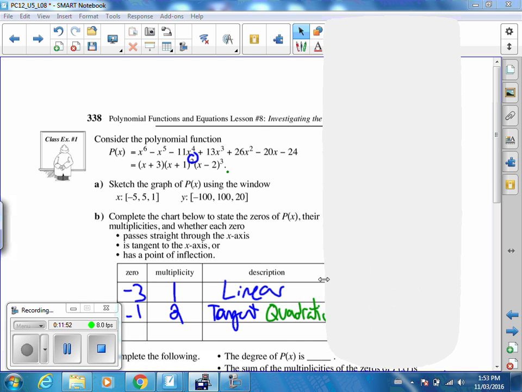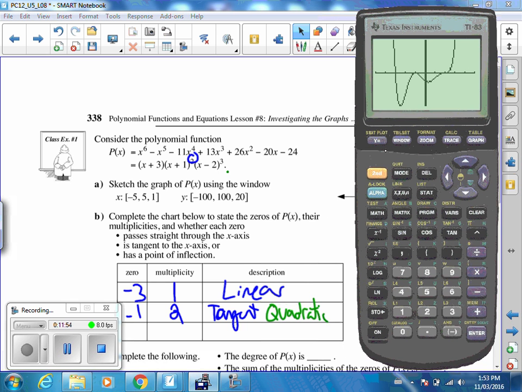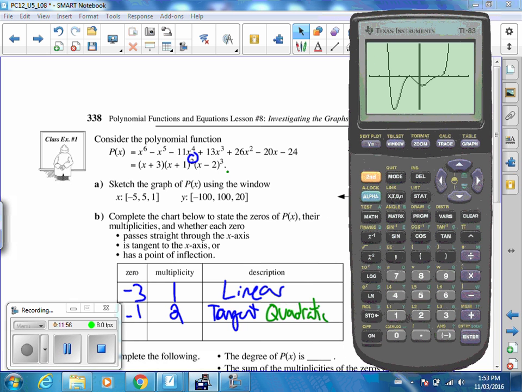Oh, I went and shrunk down my graphing calculator. There we go. Move it over. And my last zero is at +2. It's a multiplicity 3. And it is what we call that point of inflection. But I would rather just call it a cubic sort of style of zero.